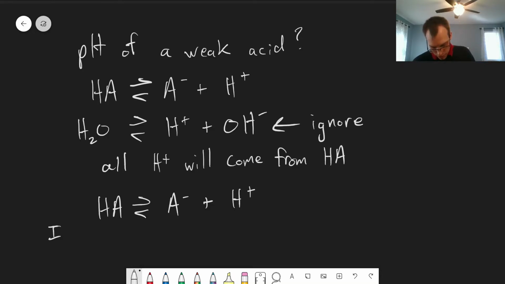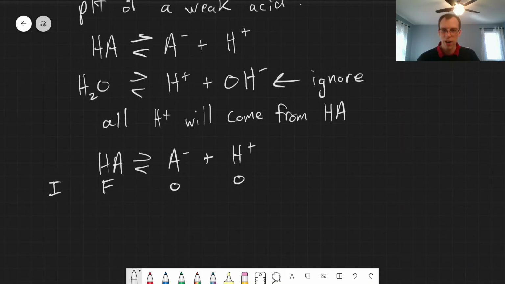So let's say we initially start with some concentration we'll call F, the formal concentration of HA, and nothing for the A minus and H plus. And this is our assumption, that we can ignore any H plus from the autoprotolysis of water. Some amount of that F will react, or dissociate, and we'll get the same amount of production of A minus and H plus.